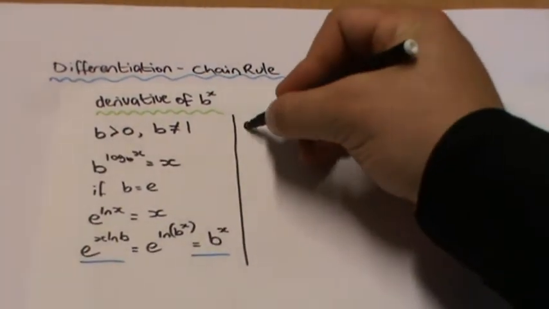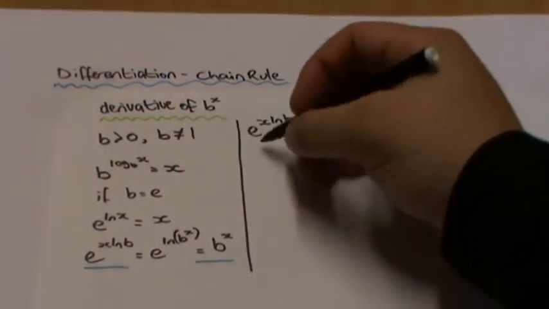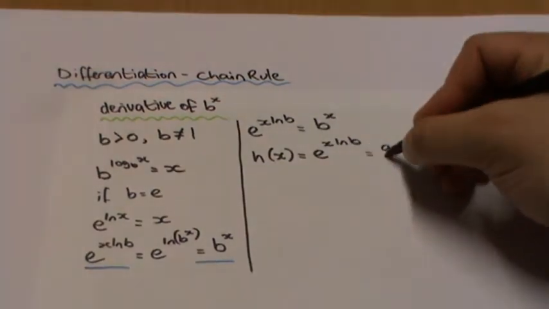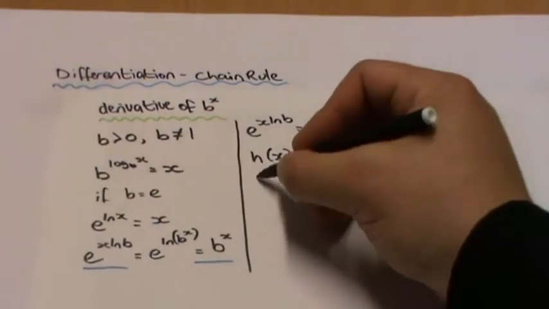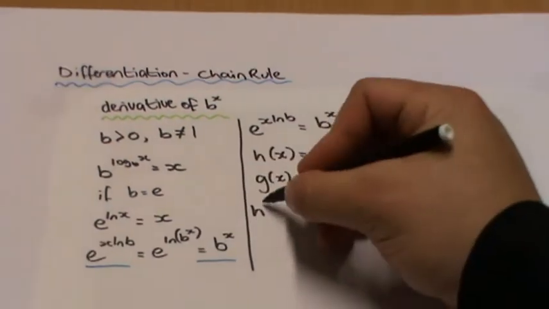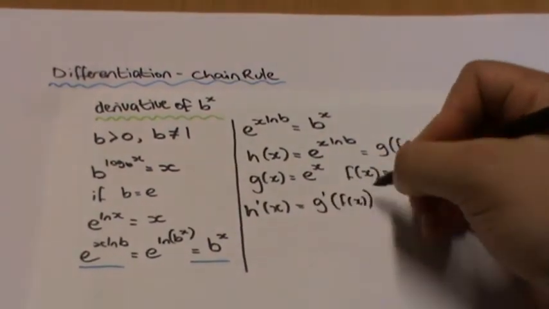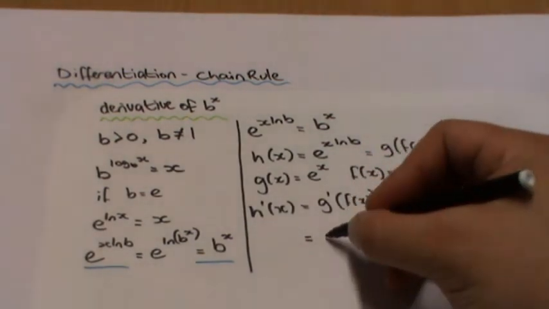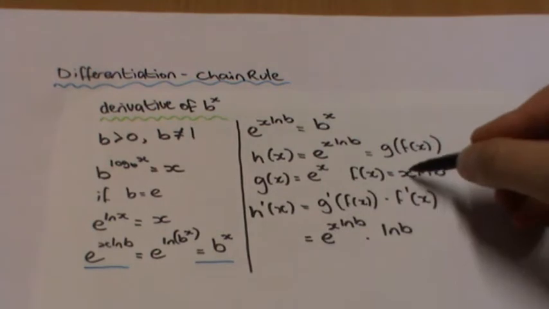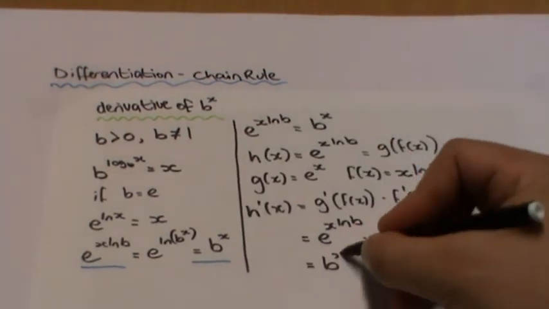We're going to take these two bits up here and we're going to apply the chain rule to them. We're going to say that we have a composite function of e to the power x and x log b. So when we carry out the chain rule, we end up with e to the power x log b multiplied by log b.